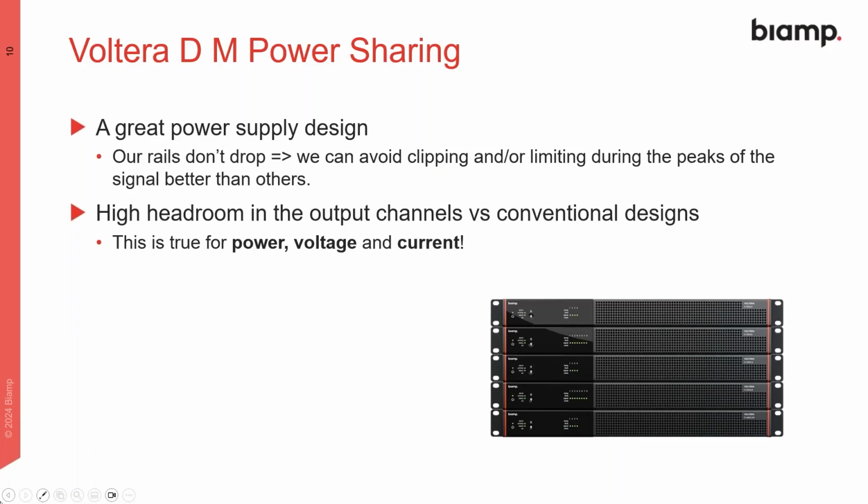Most other amplifiers have rails that drop when they deliver higher power. They're sagging significantly, and this leads to reduced power as well as unwanted transient clipping. The Voltera D uses a design that maintains the rail even at the highest output levels, lowest impedances, to avoid this.